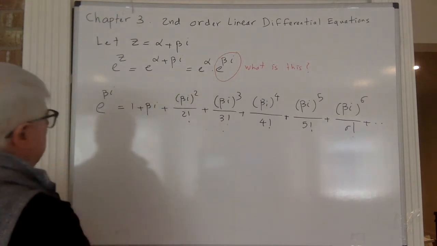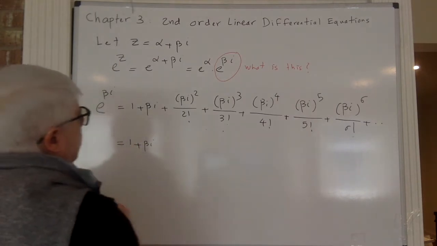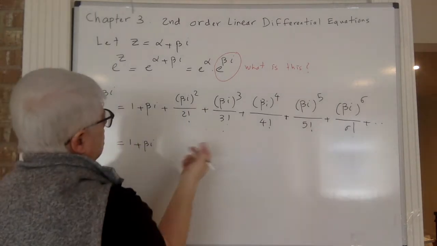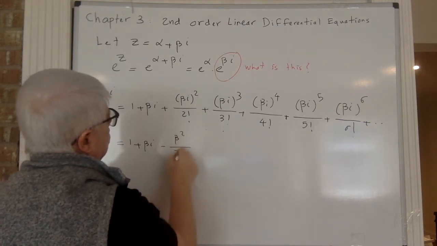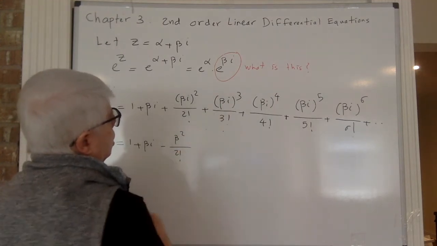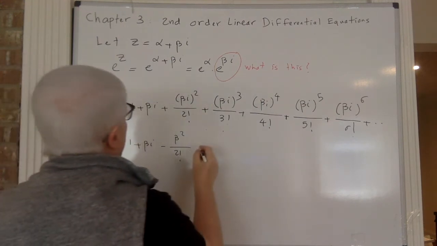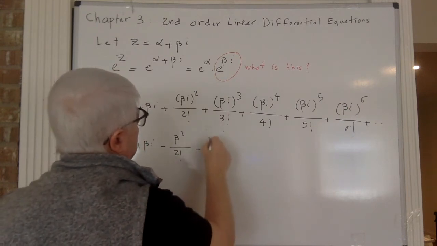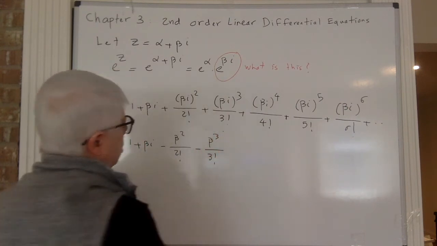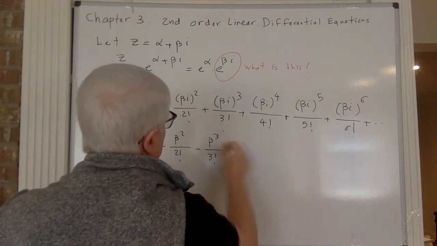Okay, so let's go here, and I have up to 6, so I know what they are, so erase them. So this will be 1 plus beta i. This will be, i squared is negative, so it's minus beta squared over 2 factorial. Then i cubed was i squared times i, that was minus beta cubed over 3 factorial times i.